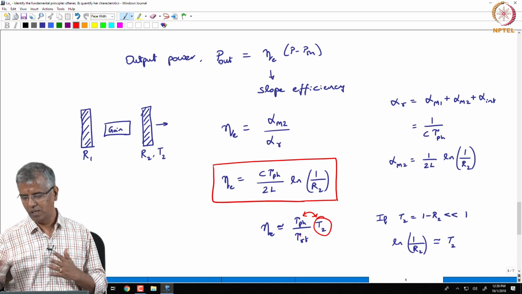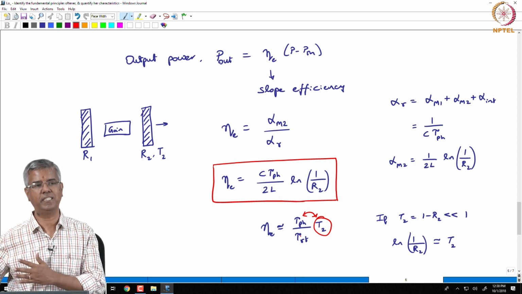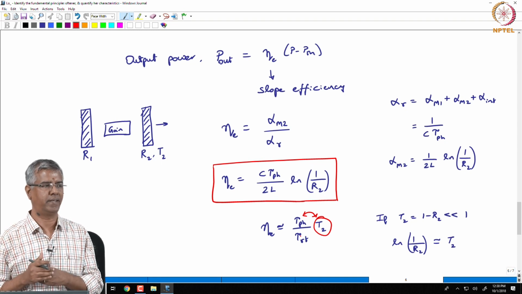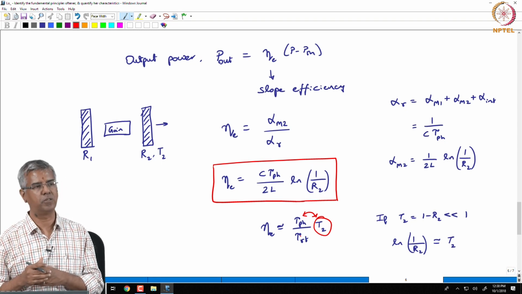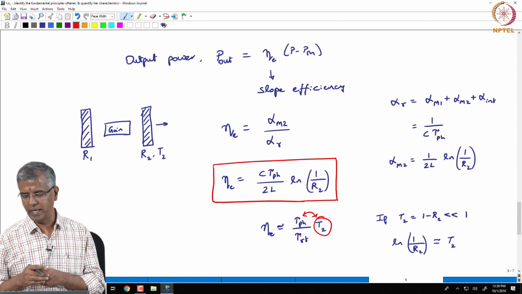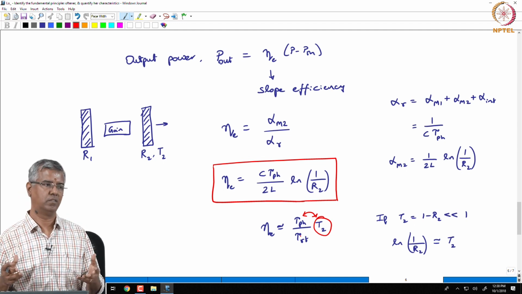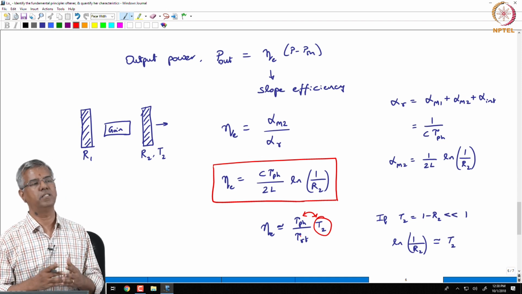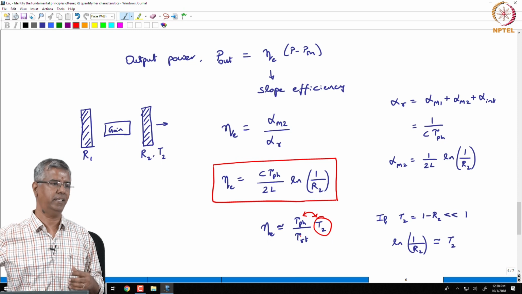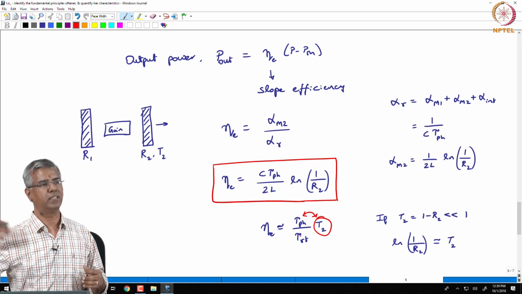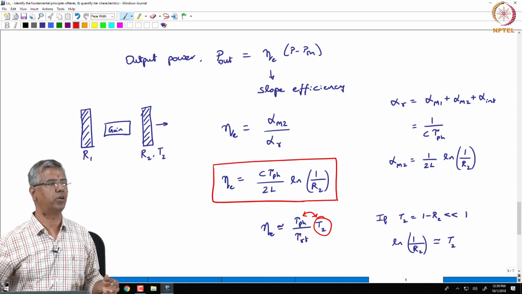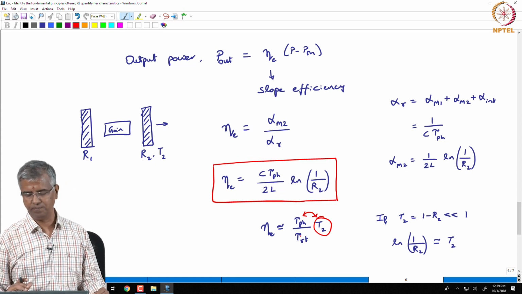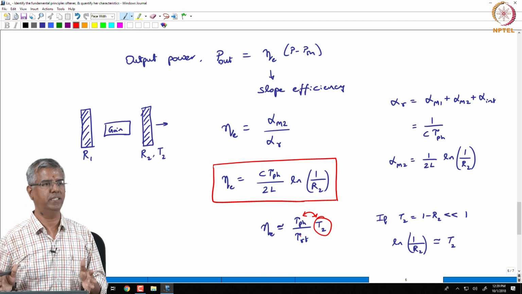If you go for very high extraction, a very high value of transmission for this mirror 2, then you have very high loss. If you have very high loss, not only is your threshold going to be higher, but the buildup is also not very good. So, do you understand the contradiction?